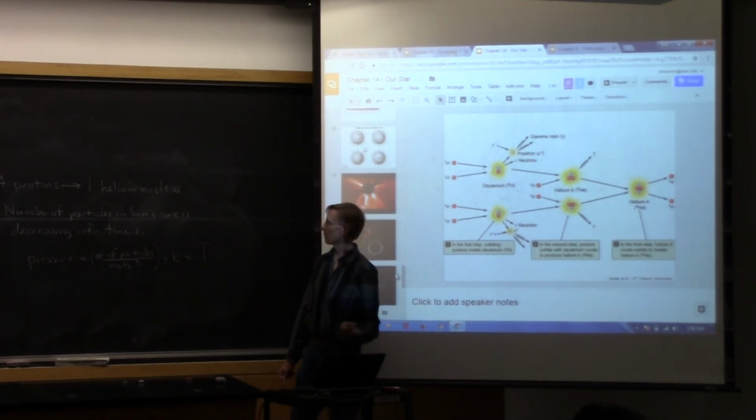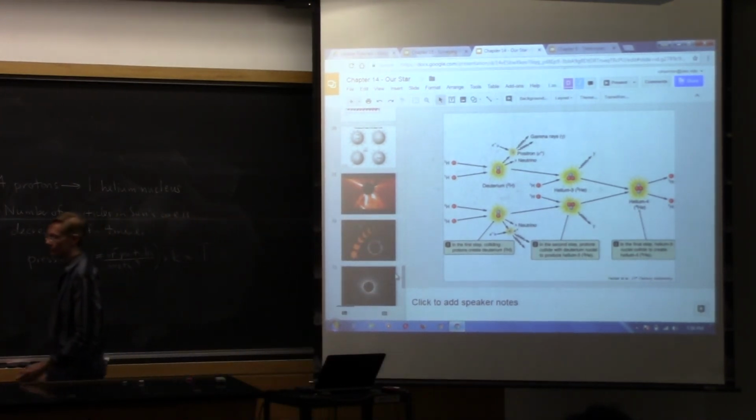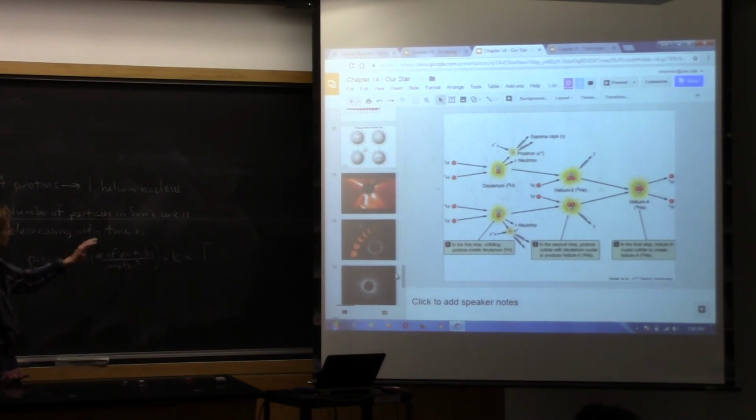This is one way of writing the so-called ideal gas law. If you ever took chemistry, you put it in terms of moles and so forth. But this is an equivalent way to write it. It's the number of particles per cubic meter times a number called the Boltzmann constant times the temperature in Kelvin.